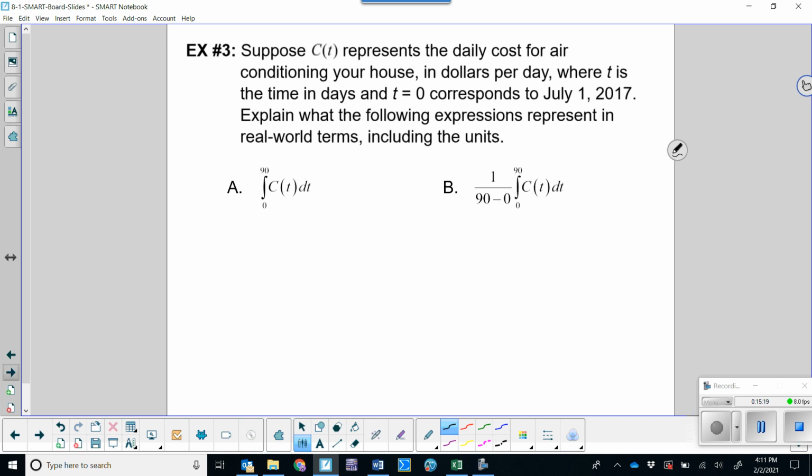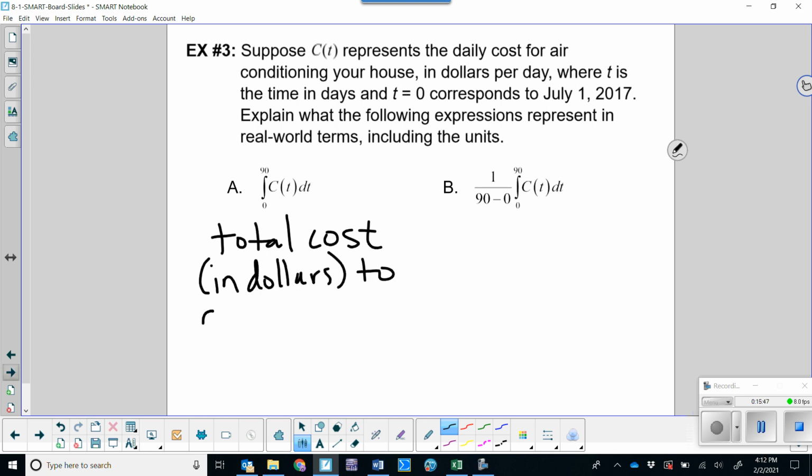So, first one, A, we're going to integrate from 0 to 90 of C of T. Well, C of T is dollars per day, and I'm going to integrate it, which means that I'm going to have total dollars, okay? So that means this would be the total cost in dollars to cool your home.